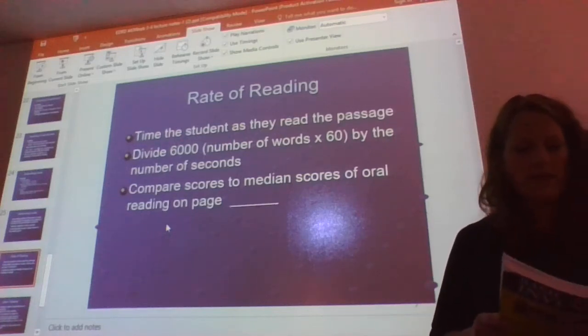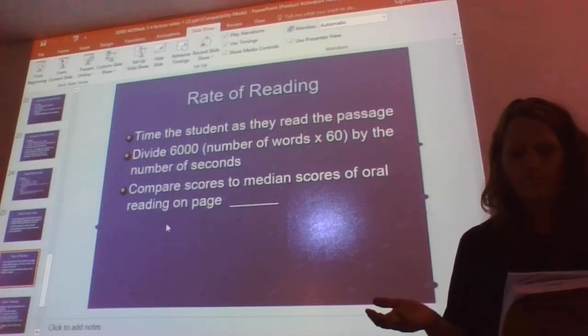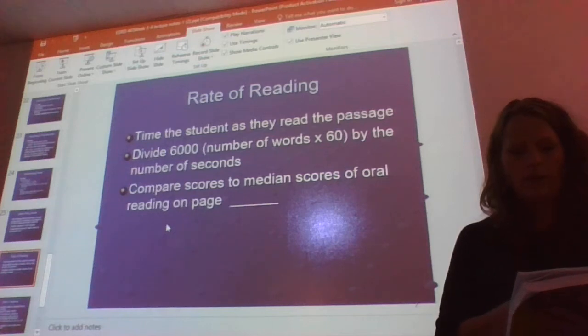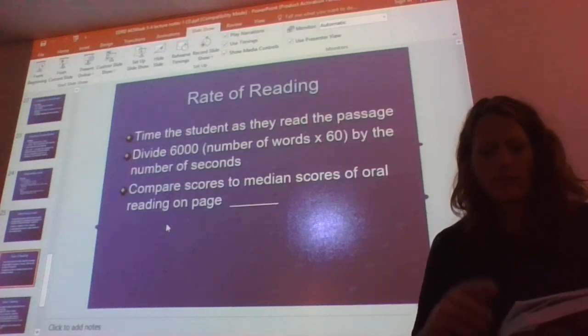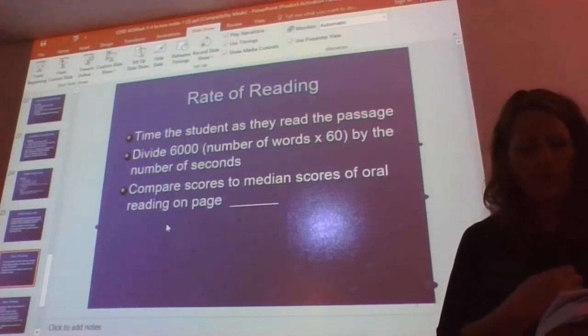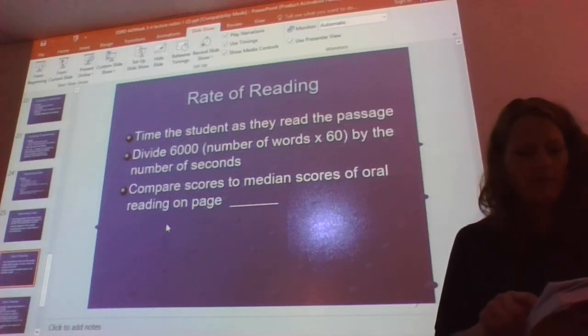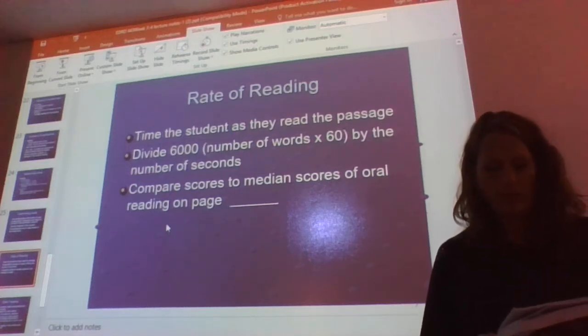So for example, let's say your third grader read 35 words, and we would slide across words per minute for spring. That is well below the 10th percentile. Let's say your third grader read 75 words, slide all the way across, and you'll see that is close to the 25th percentile, which is still a little low, but a lot better than below the 10th percentile.